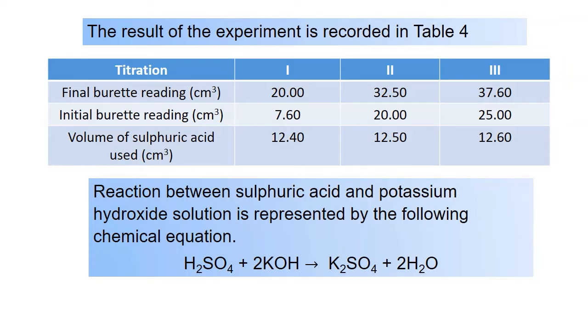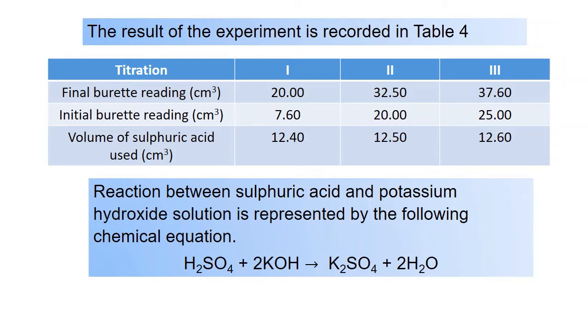Volume of sulphuric acid used is 32.50 minus 20.00, 12.50. Titration 3: final burette reading 37.60, initial burette reading 25.00. Volume of sulphuric acid used is 37.60 minus 25.00, 12.60.